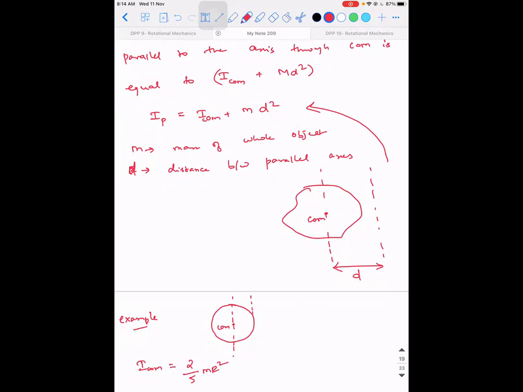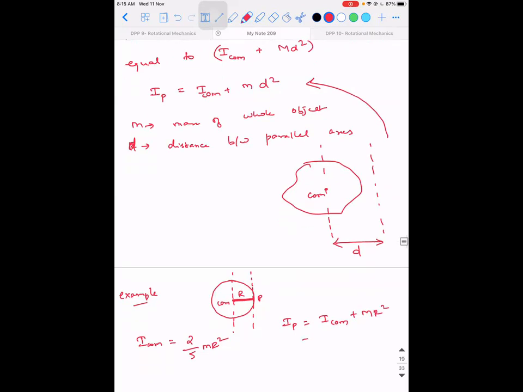If I ask you about an axis which is parallel to this and tangential to the surface, then what will be the moment of inertia? If I take this point P, then IP will be equal to the moment of inertia of the system about the center of mass plus the mass of the whole object into this distance square. How much is this distance? It is r. So it is m into r square. So 2 by 5 mr square plus mr square. That will be 7 by 5 times mr square.